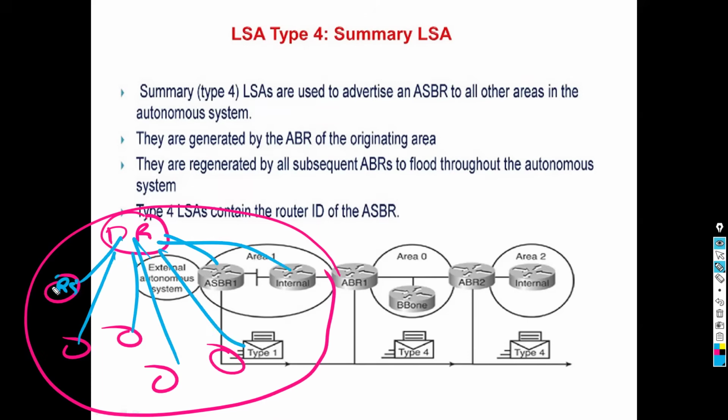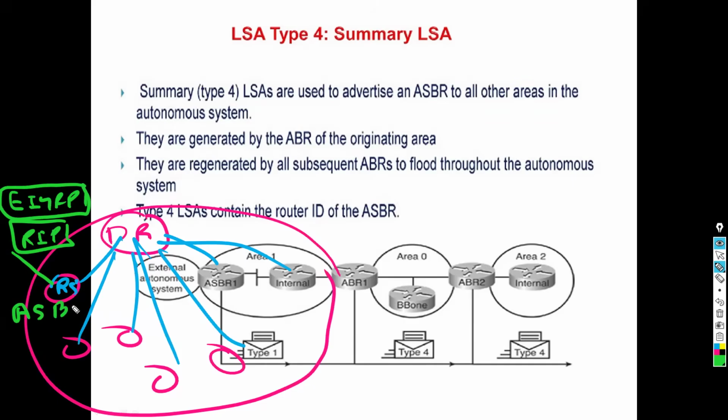Maybe this router's interfaces are part of different routing protocols. On this router R5, some interfaces, for example, are using the RIP protocol, or maybe the EIGRP protocol. So this R5 is called an ASBR router.